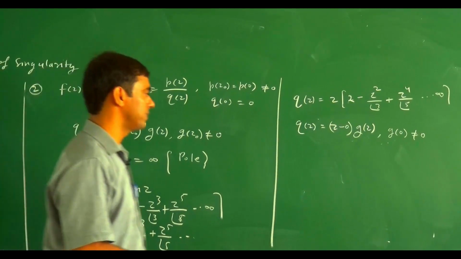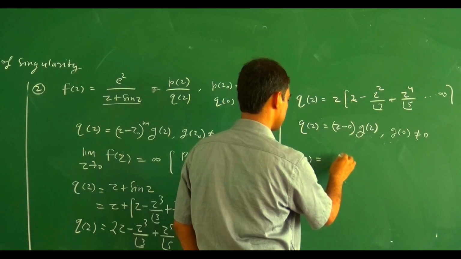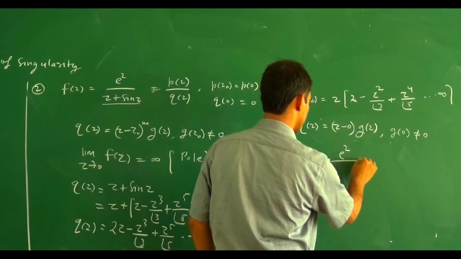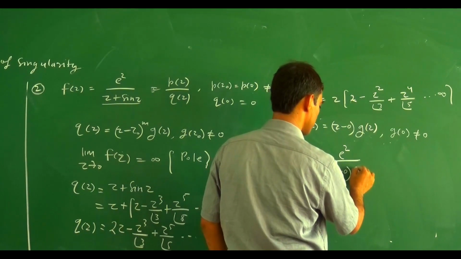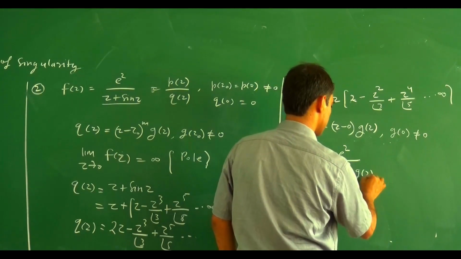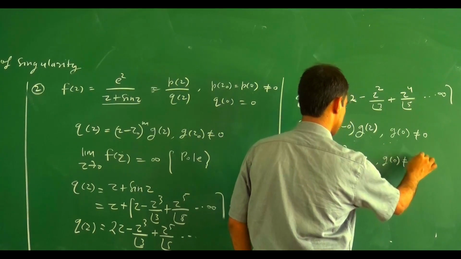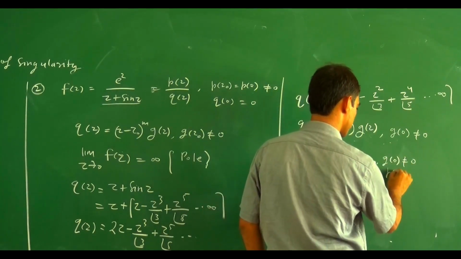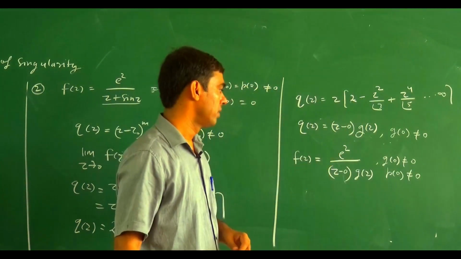So we may write f(z) equals e to the power z divided by (z minus 0) into G(z). And z0 does not equal 0 and P(0) also does not equal 0. This one is P(z).